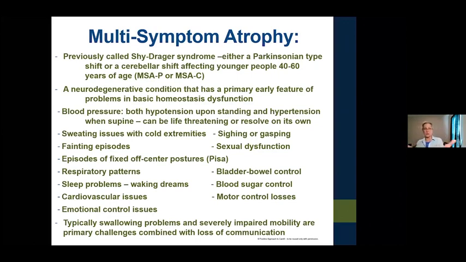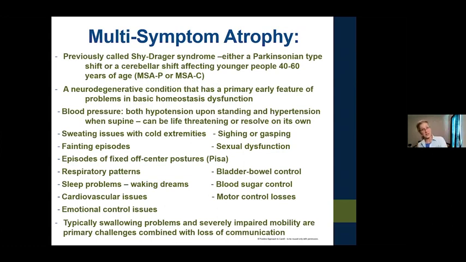And also what you're going to see with these kinds of things is what we call core brain dysfunction. So blood pressure changes, hypo to hyper. It can actually threaten your life and kill you, or it can resolve all on its own. So hypotension when you stand, no blood pressure to your brain, and you drop, or you're hypertensive when you're supine, and it can kill you because you become so hypertensive you stroke.